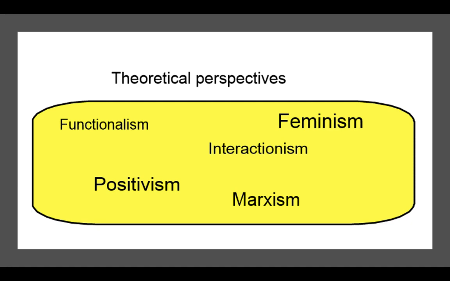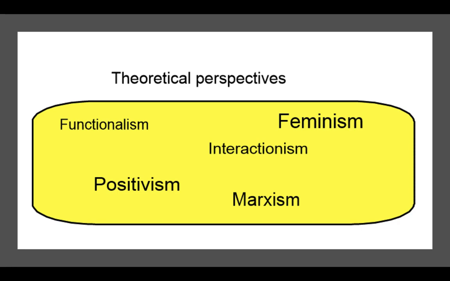Marxists have used their values because they believe in a class-ridden society which is dominated by capitalism. Feminists believe in the patriarchy. They believe that the patriarchy exists. Sure, they argue that they have evidence for it, objective evidence for it, but becoming a feminist is a subjective choice. You can do it or you could not do it. It's not like the boiling point of water. You can choose to be a feminist.